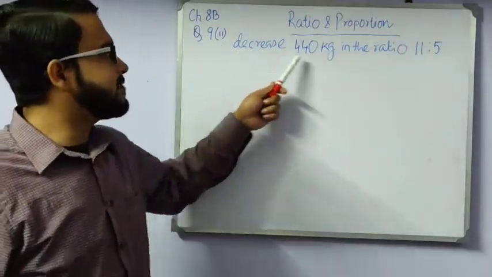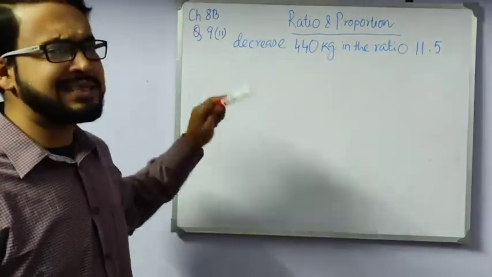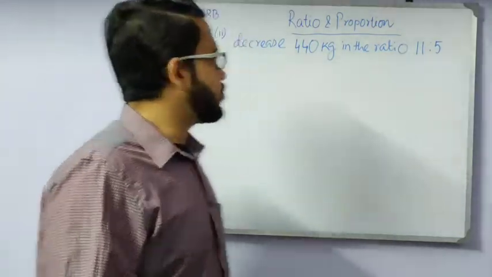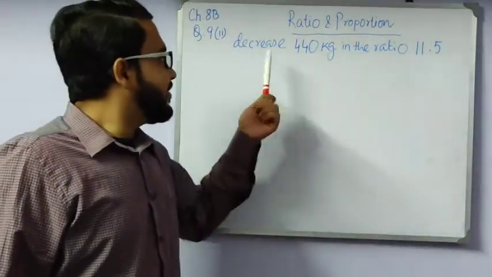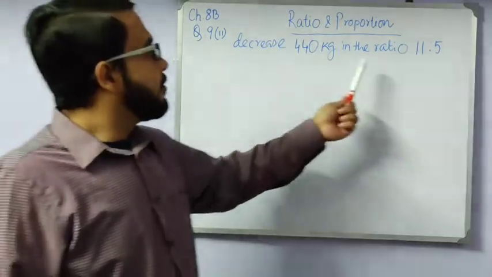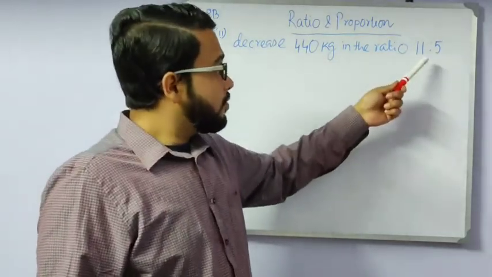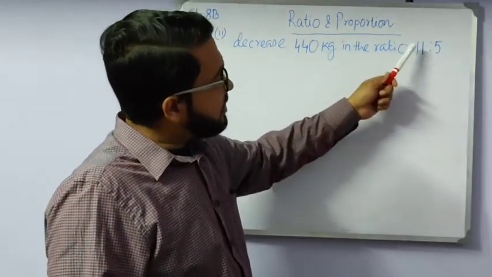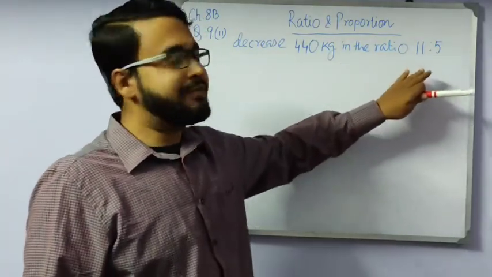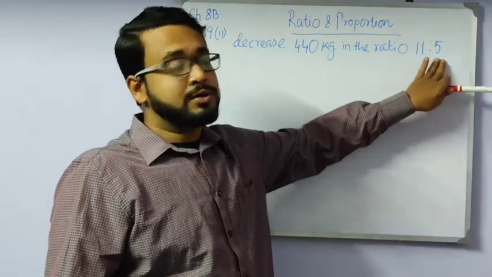9(2): decrease 440 kg in the ratio 11:5, and 9(1) is increase something in the ratio given in your textbook. So look very carefully. They want us to find the decreased value from this ratio. In this ratio, we notice which one is the decreased value between 11 and 5. 5 is the decreased or lowest one.